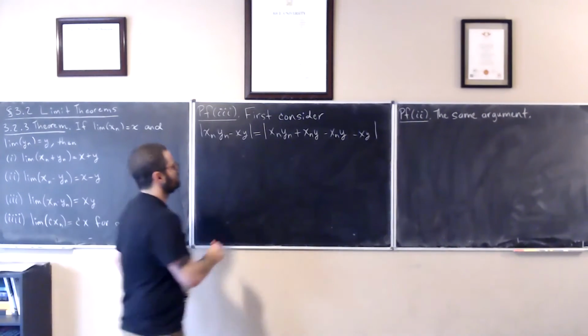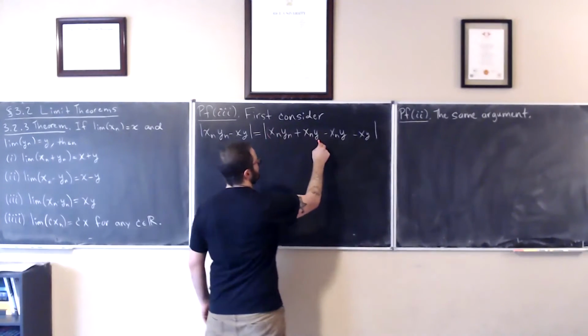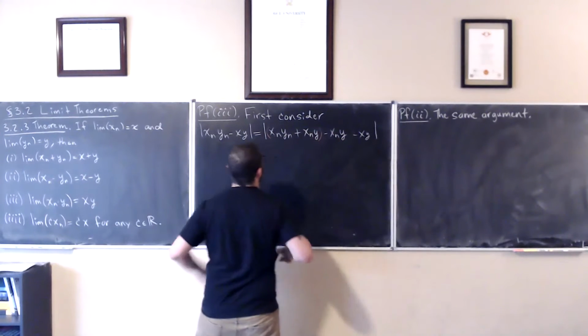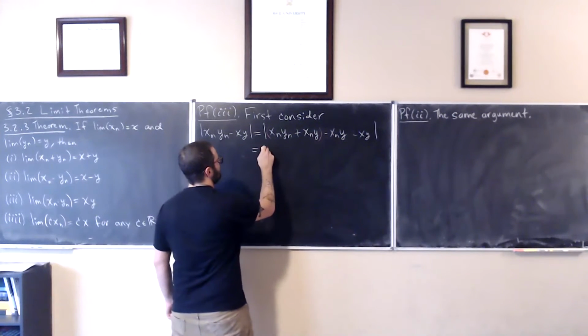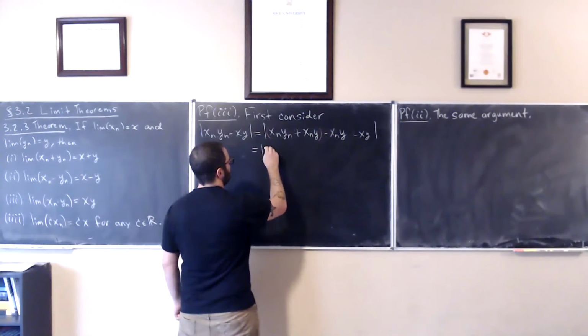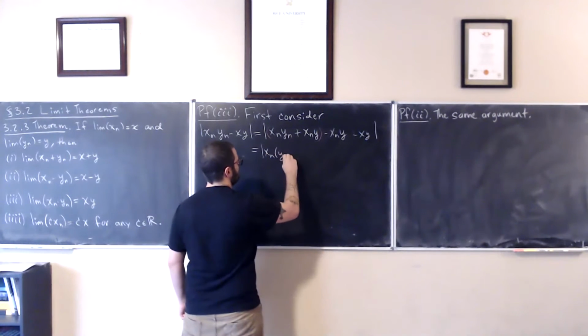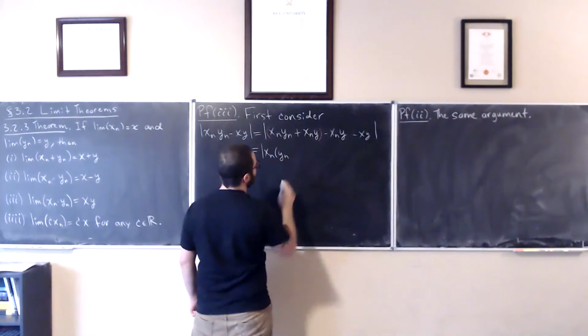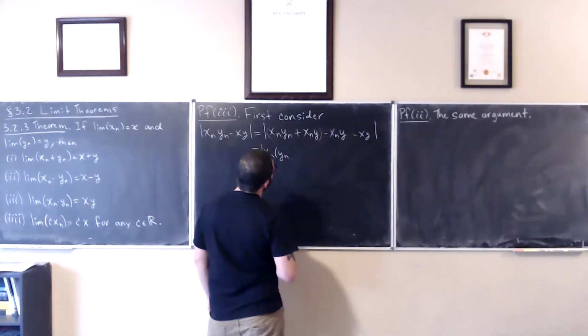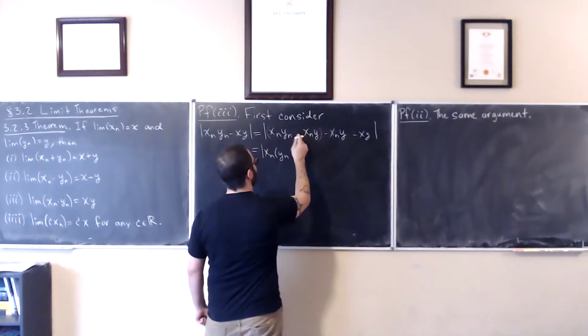I notice we can group these together, right? And then I'll go ahead and write it. I can factor out xn from this part here. Maybe I want to do this.